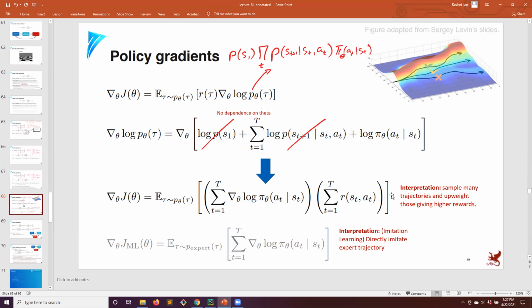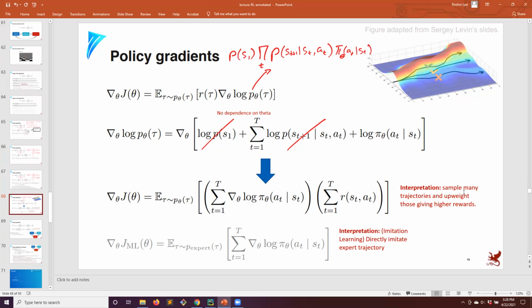This is the current gradient of the objective function we just derived, but this is from the MLE case. So this is from the probabilistic graphical model. This is from MLE, and here the difference is we have this additional term of these rewards that we're kind of weighting.